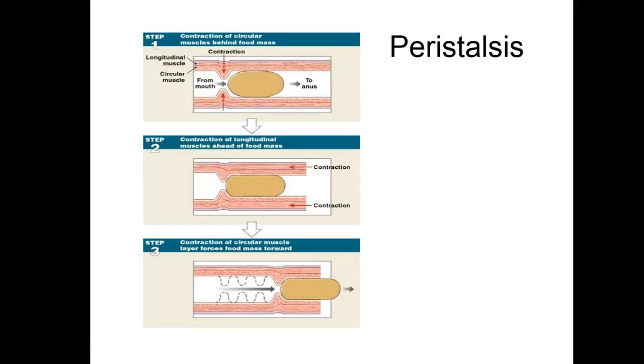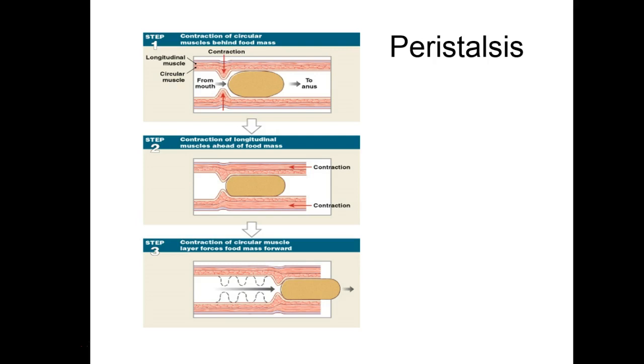Here's a nice picture of peristalsis. It's really kind of cool if you get the picture. You have a bolus, which, since we're in the small intestine, we're talking about chyme, but peristalsis happens in the esophagus also. What happens is you have a contraction of the longitudinal and circular muscles.